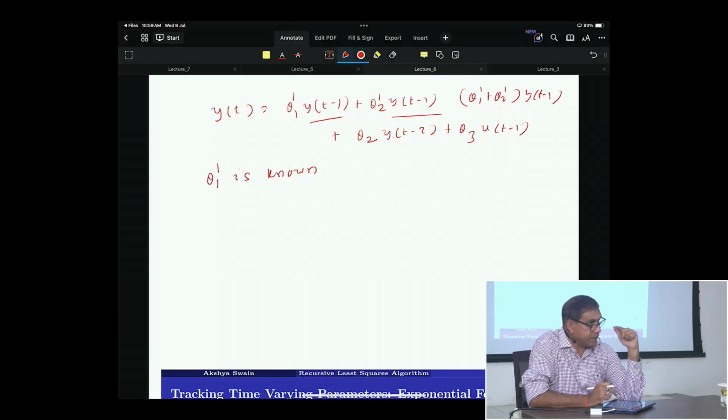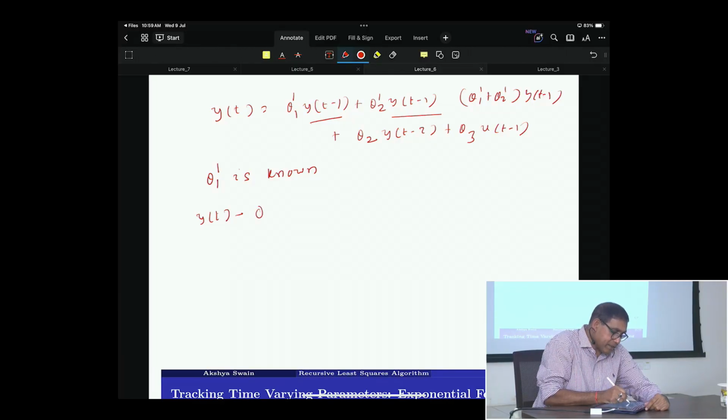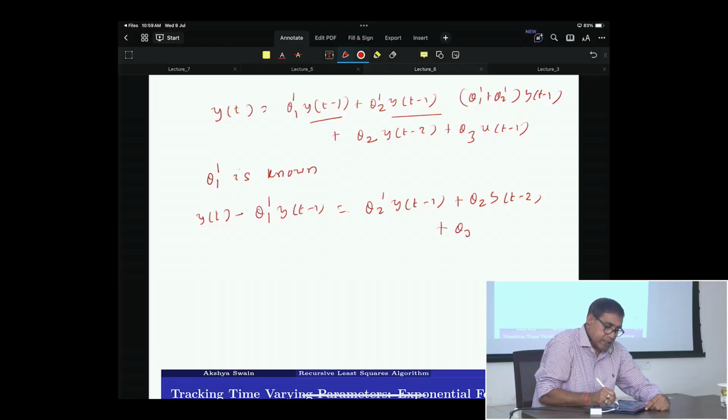So if something is known, bring it to the left hand side. My estimation equation will be yt minus theta 1 dat yt minus 1 is equal to theta 2 yt minus 2 plus theta 3 ut minus 1.